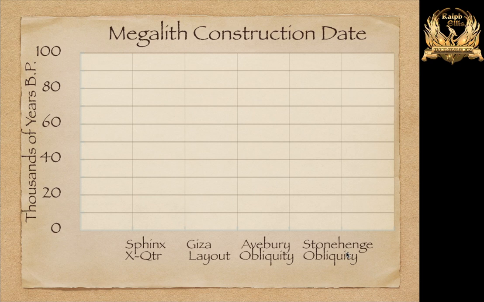So let's draw on points for our dates. Let's look at the youngest ones first. So here are all the youngest dates. We get the Giza dates at about 13,000 years ago, and Avebury and Stonehenge going back 24,000 years ago.